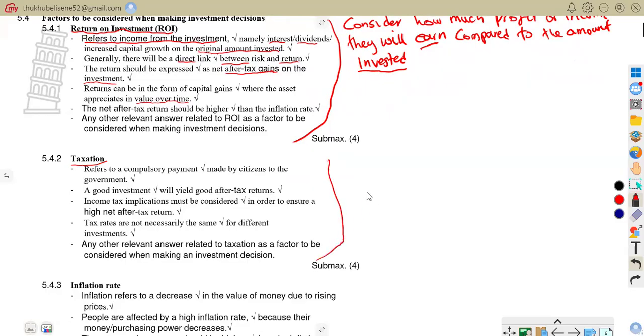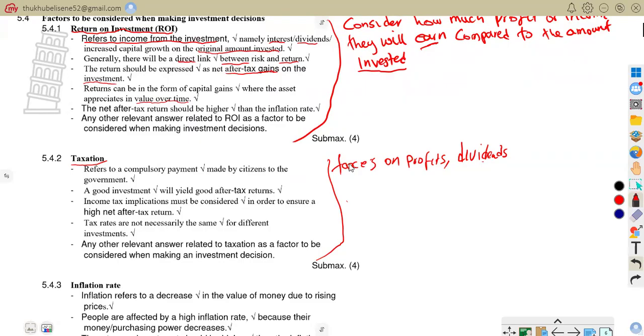With tax, we are talking about taxes on profits, on dividends. Taxes on profits, dividends or interest affect the final earnings from an investment.